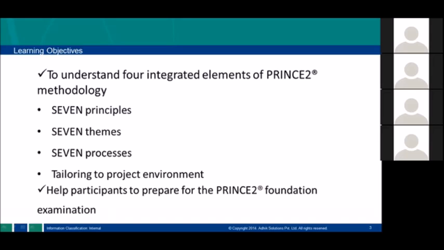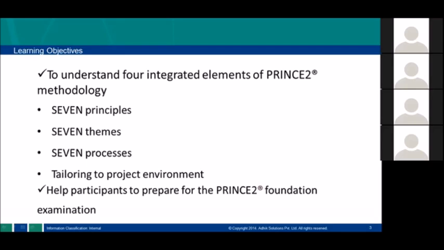If I describe one by one, what are principles? Principles are kind of guidelines. PRINCE2 defined 7 guidelines, and you need to follow those guidelines as the principles.